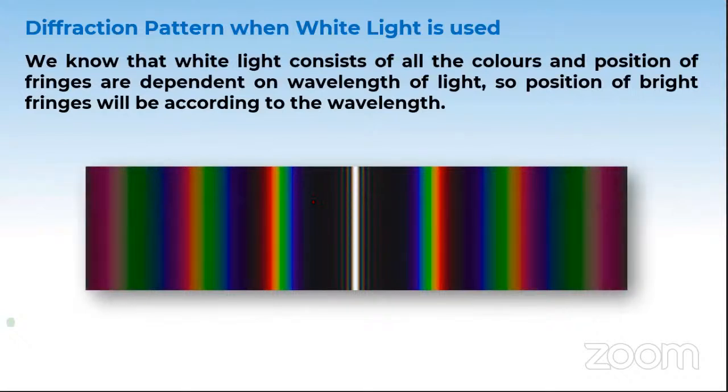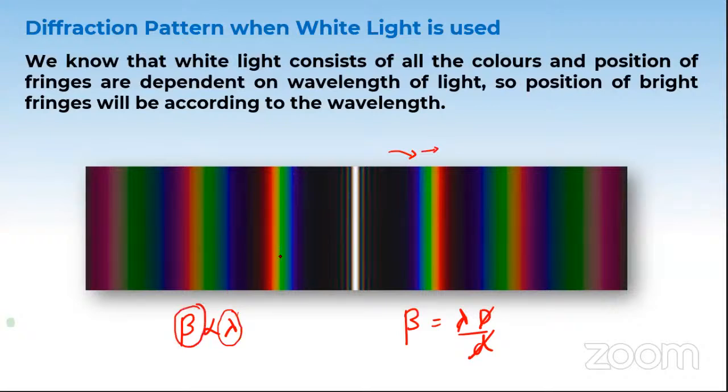If you notice very clearly, different colors have different fringe widths. This color separation happens because we know that beta is equal to lambda D by d. For all the colors D is the same, small d is also the same, but lambda is different. Therefore, beta is proportional to lambda. As the wavelength of light changes for every color, the fringe width changes for every color. Some fringes are near and some are farther away.